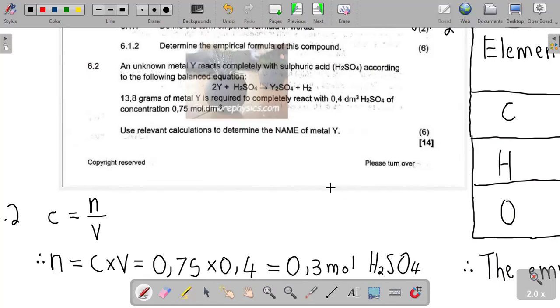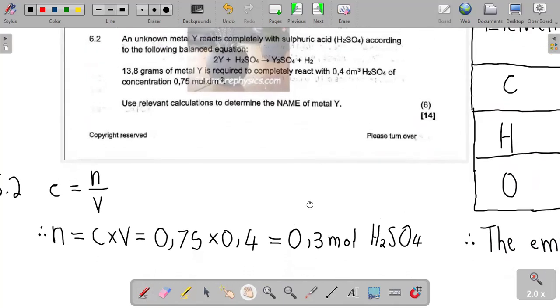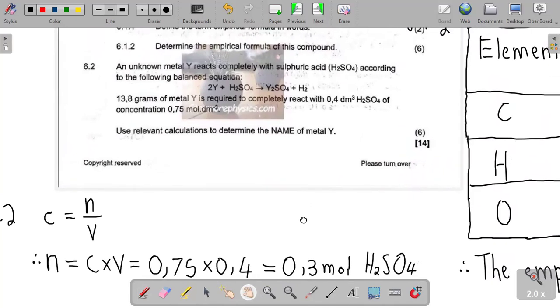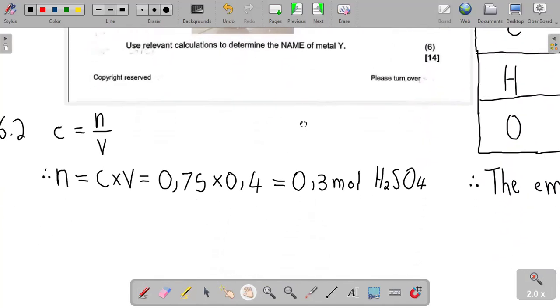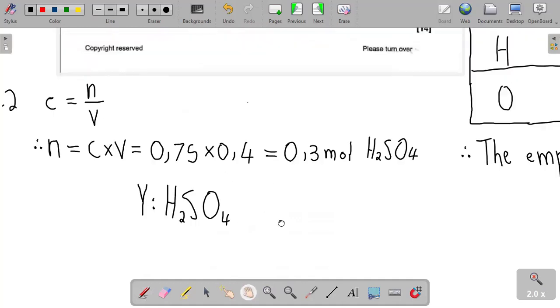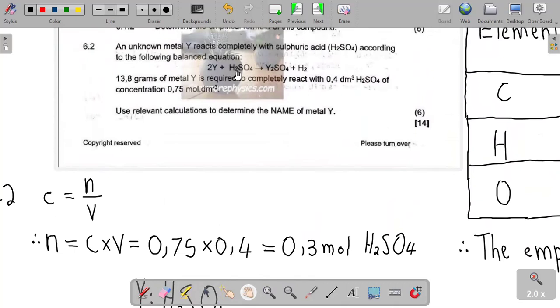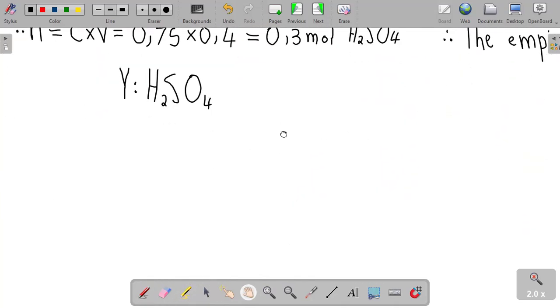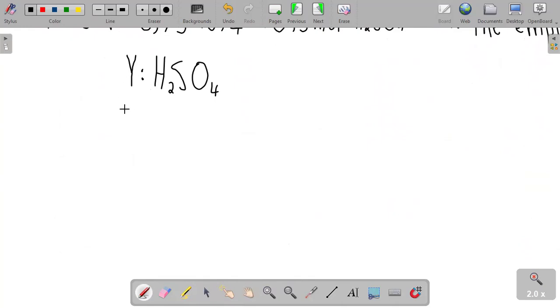From there, if we have the number of moles like that, then we can find the number of moles of Y, because we use the ratio of Y to sulfuric acid. The ratio according to the balanced equation here is 2:1. So we have 2 and we have 1.